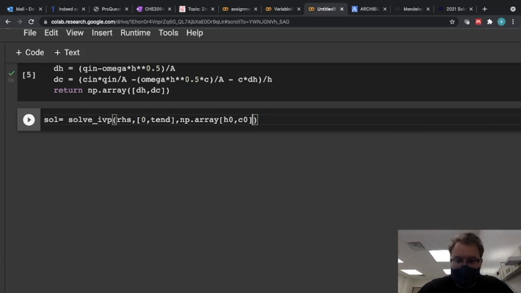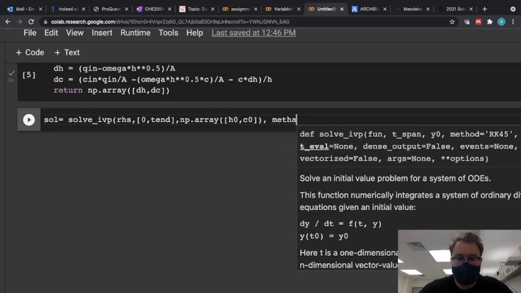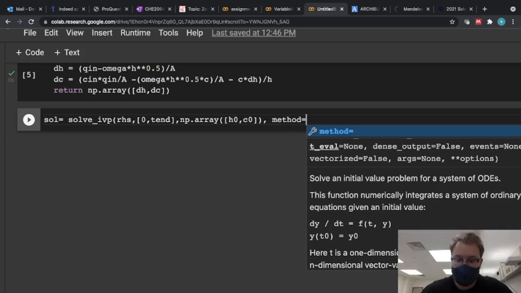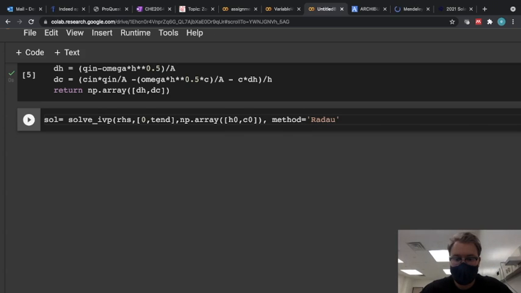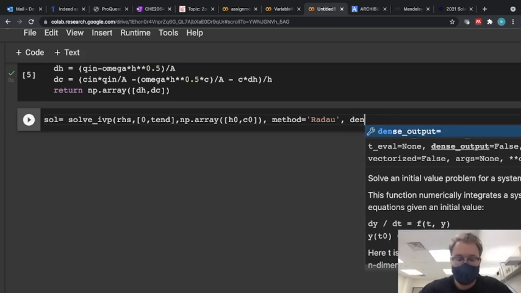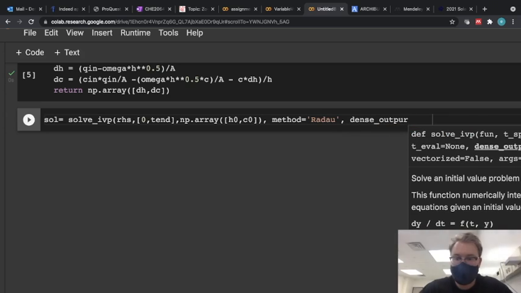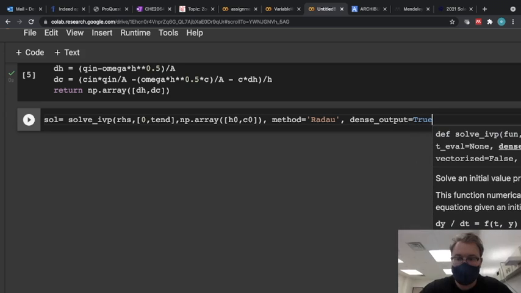I need brackets and parentheses there, okay. And I'm going to be using the Radau method. That's how I spell it, okay. And I'm going to be setting my dense output equal to true, which will help with plotting these later.